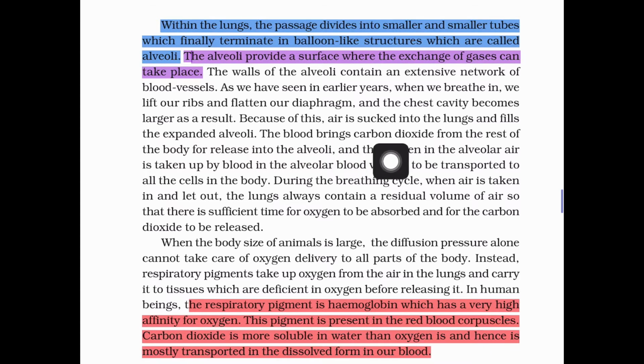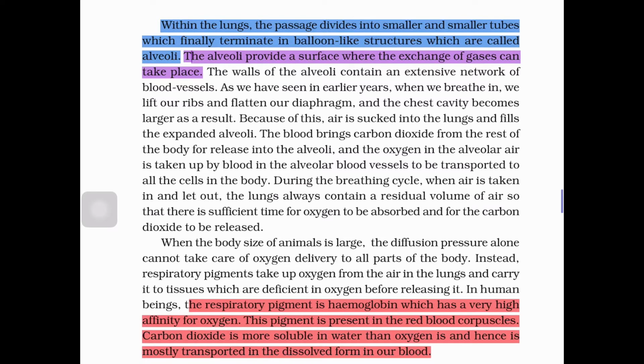The blood brings carbon dioxide from the rest of the body for release into the alveoli, and the oxygen in the alveolar air is taken up by blood in the alveolar blood vessels to be transported to all the cells in the body. Carbon dioxide is more soluble in blood.